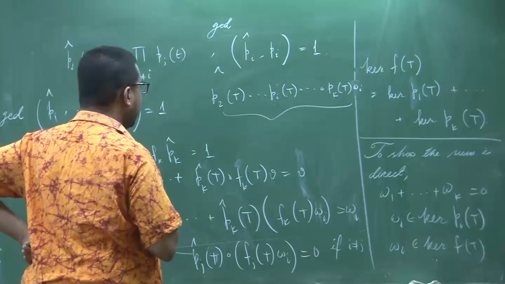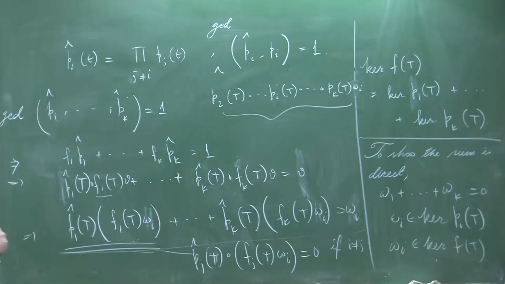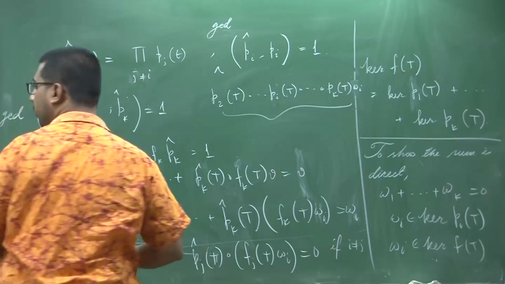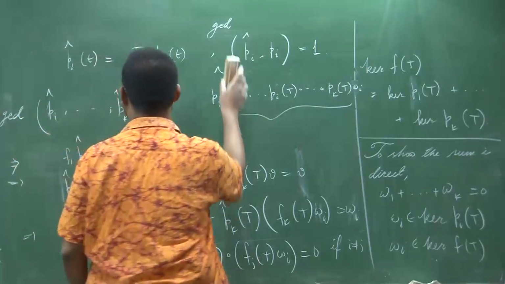Each Wi is 0 when Pi hat Fi Wi. So, therefore, Wi is okay. So, that forces us here, if we go right here.